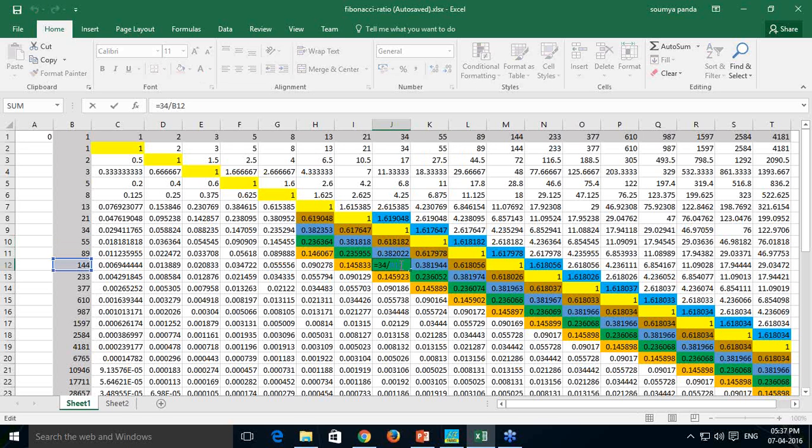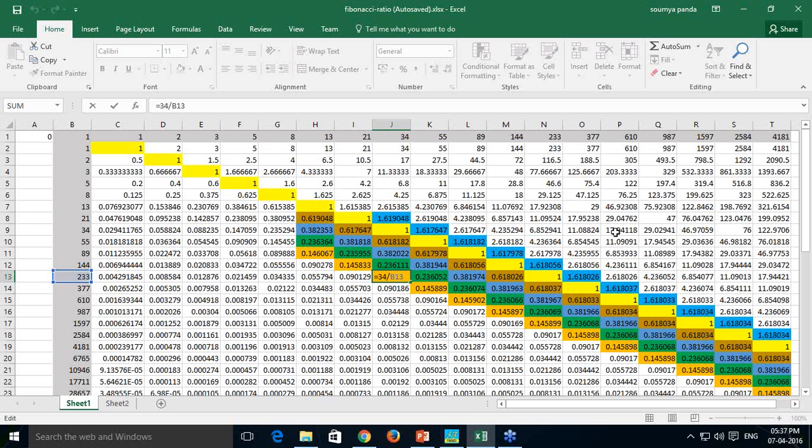In the same way 0.236 is also a two step alternate ratio, and 0.14 is also one of the Fibonacci ratios. Then below this line of 1, whatever ratios you are getting, all these are Fibonacci ratios. Above this line of 1, whatever ratios you are getting are known as inverse Fibonacci ratios, 1.618, 2.618, 1.236, like that.